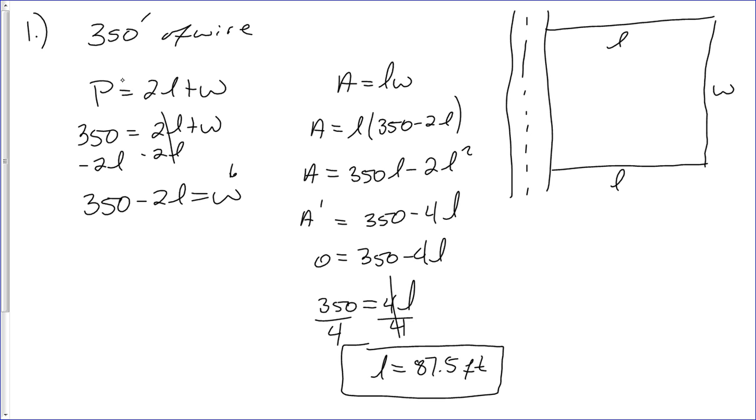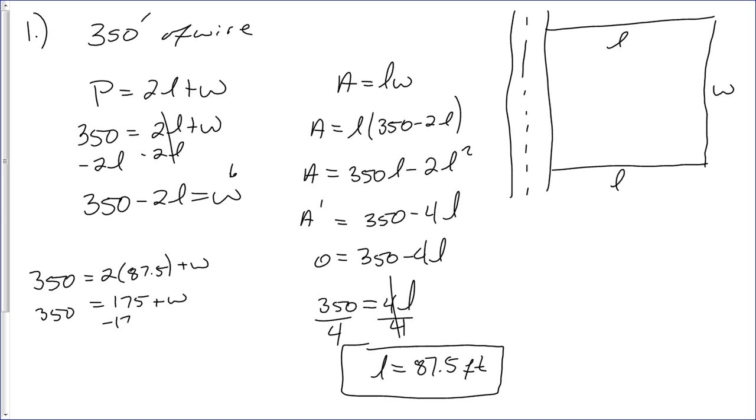Okay, so now we have our length. Now we just have to go back and plug into the area formula or the perimeter formula to find the width. You can use area if you want to. Actually, you can't, because we don't know the width yet. So I'm going to plug into the perimeter. Let's say 350 equals 2 times 87.5 plus W. This is 175 plus W equals 350.